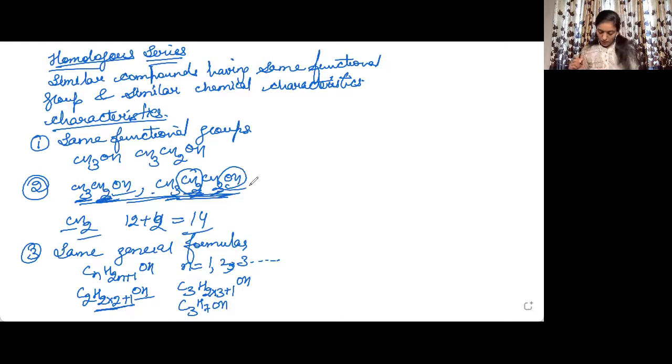Okay, then the last property of the homologous series will be, they will be having similar chemical properties and there will be a proper gradation of physical properties with the increase in molecular mass.